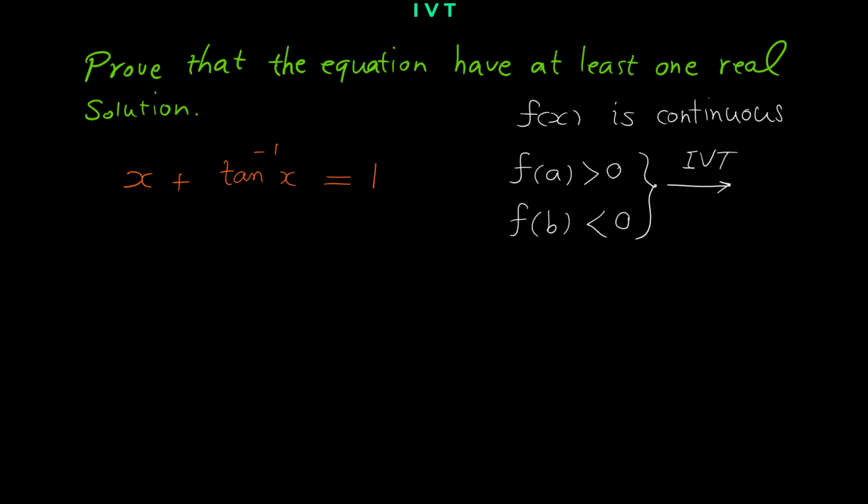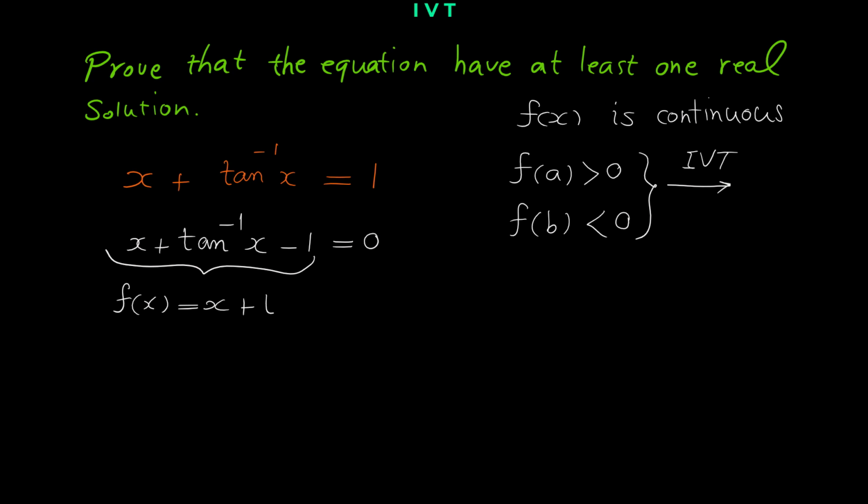First, move this 1 from the right to the left: x plus tangent inverse or arctan x minus 1 equals 0. So move everything to one side. Always the format of the equation should be like this. Then we name this f of x. So f of x would be x plus tan inverse of x minus 1.